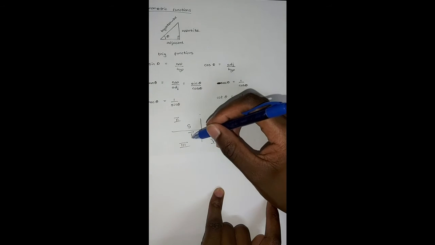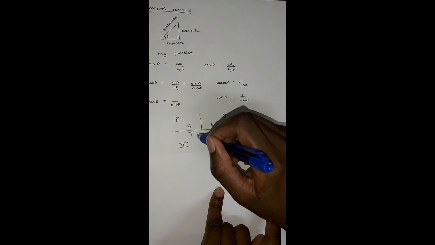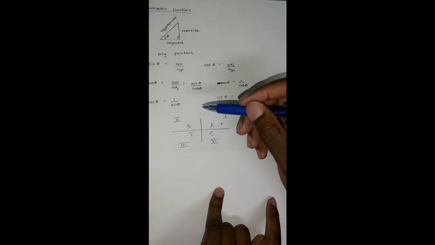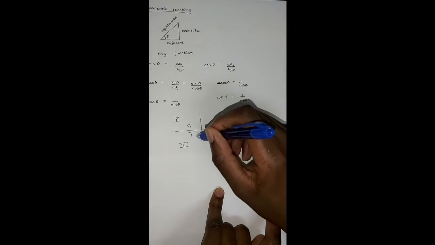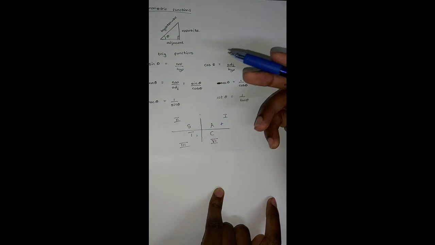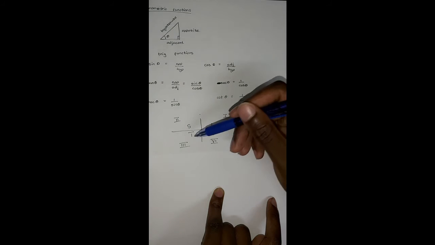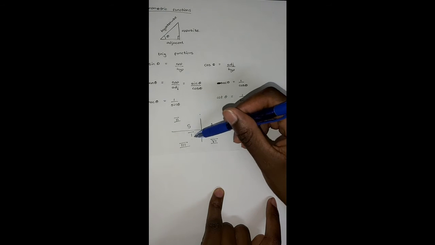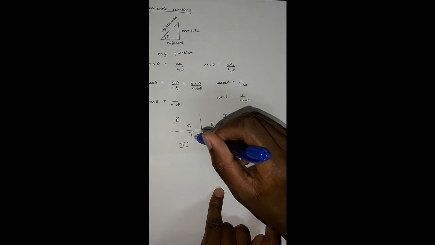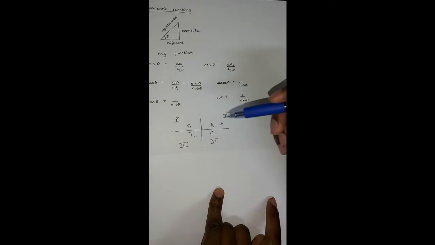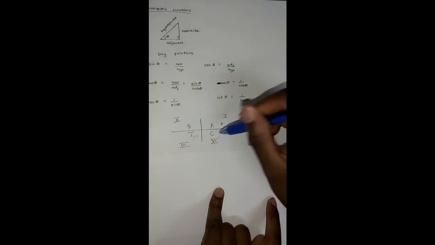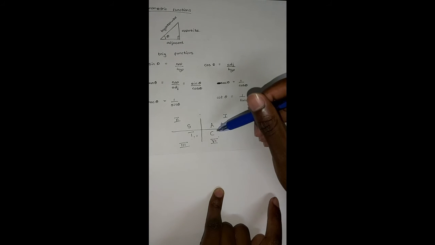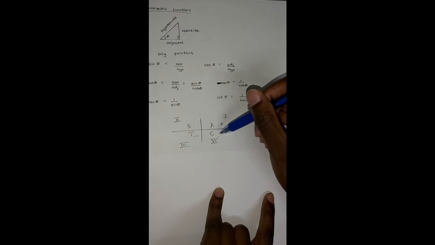And then in the third quadrant, only tan is positive, because you're going to have negative sine and negative cos, and negative over negative is just going to be positive. In the fourth and final quadrant, only cos is positive, so tan and sine are negative in here as well.